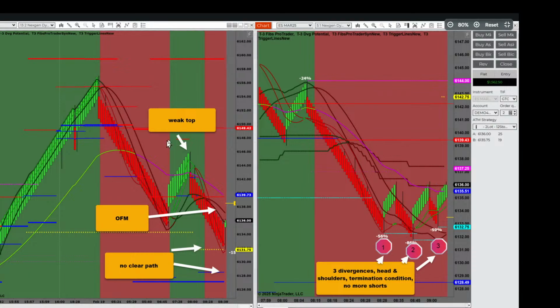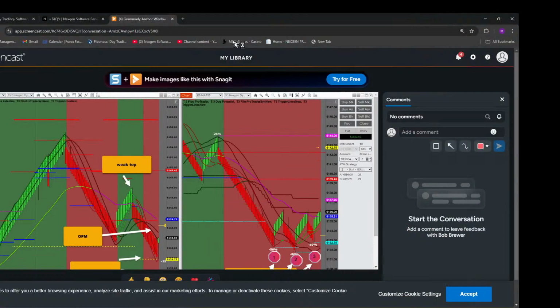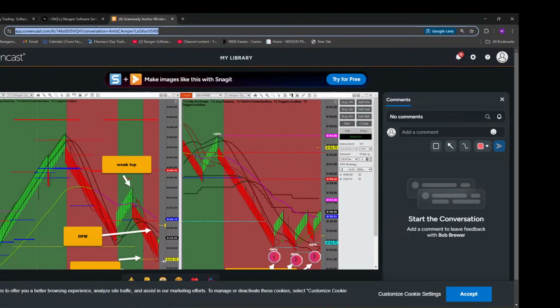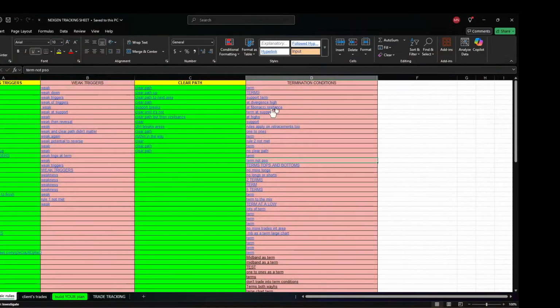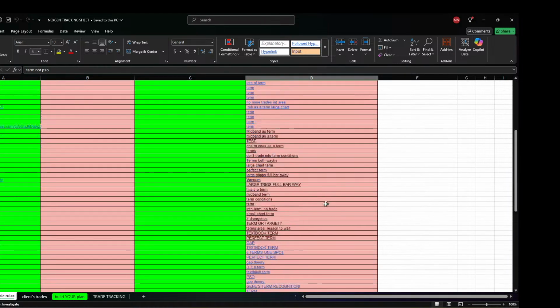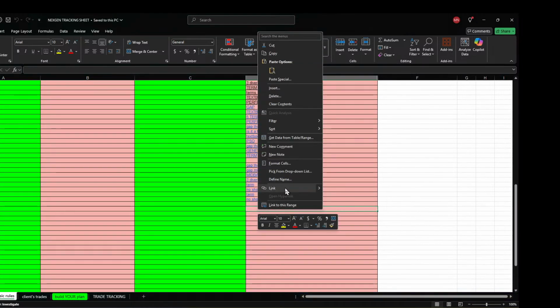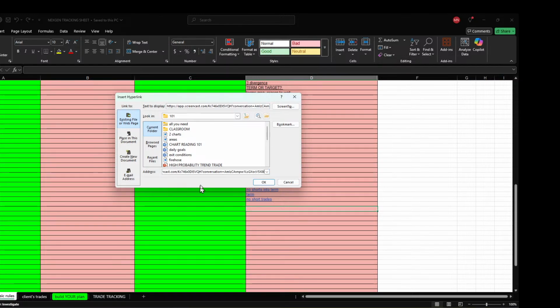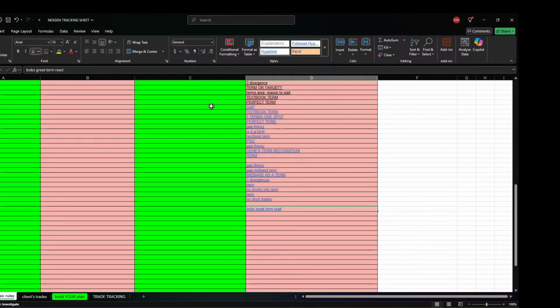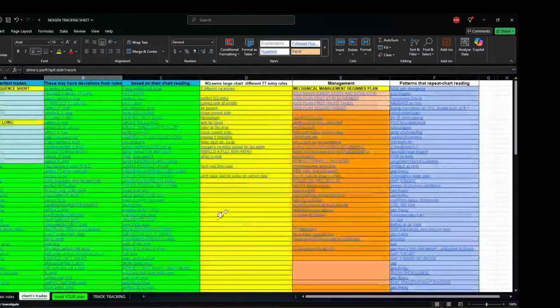And this is Bob not even taking a trade, but rather taking that idea that when he does not have a clear path, he doesn't want to take the trade. So Bob, I'm going to put you here in the study guide under termination conditions. And we'll just call it Bob's Great Term Read. But that's what we're doing, is we're taking your pictures, we're talking about them, we're making sure they're accurate. And guys, I'm gonna steal them from you. And I'm gonna turn your greatness into a study guide for everyone else.